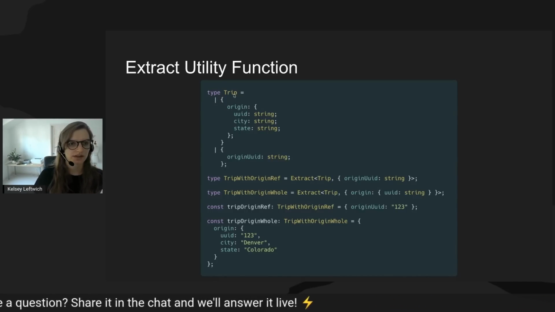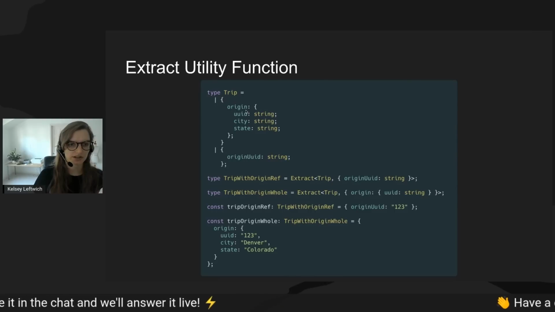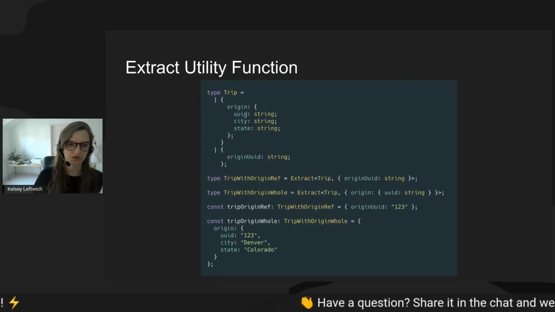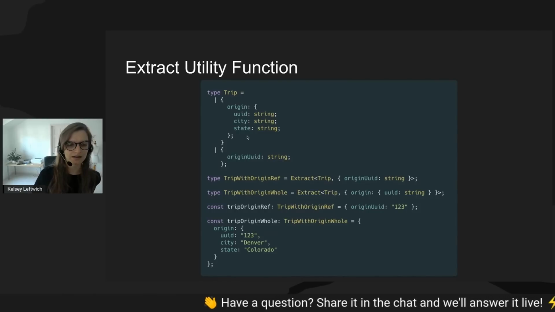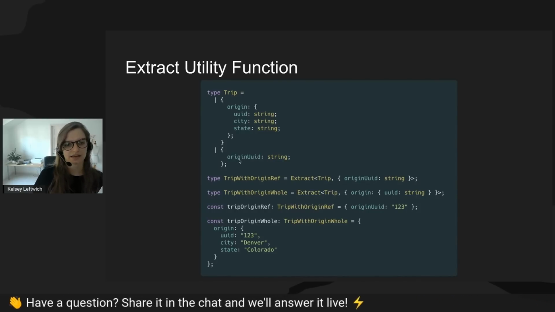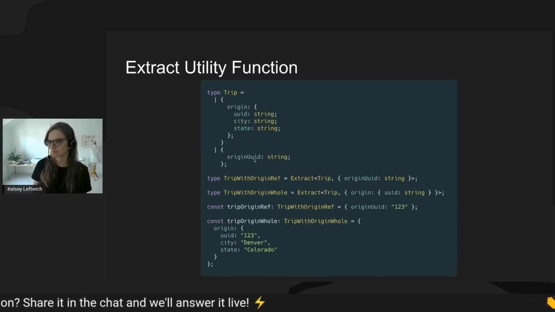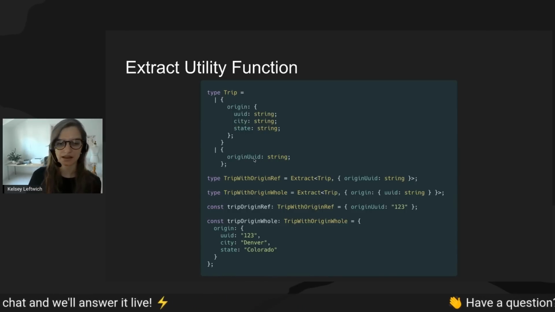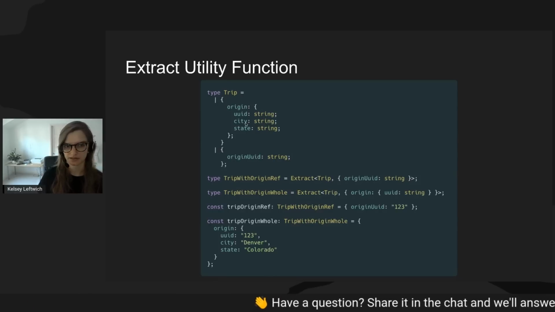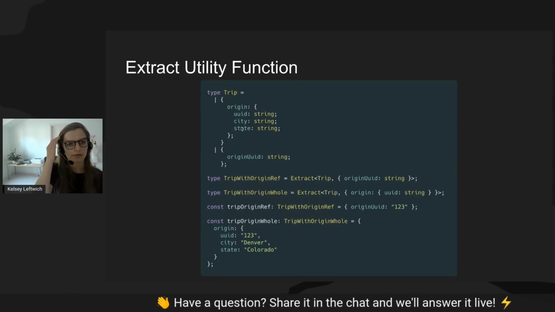The Trip type can either be an object that has an origin on it, where the origin has a UUID, a city, and a state, or the Trip type just has an origin UUID, an identifier field that's just a string, and maybe I'm going to use this UUID to look up these other values elsewhere.